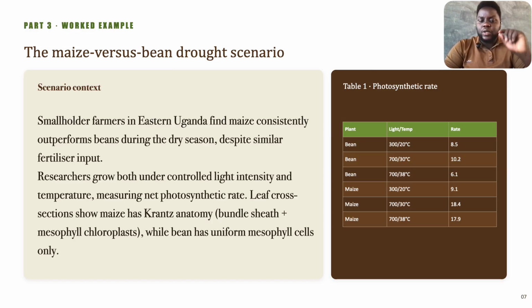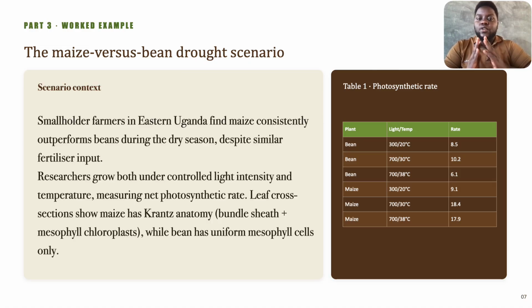If you remember in topic 2, the Kranz anatomy is the defining structure of C4 plants. It is the arrangement where bundle sheath cells, which are large cells wrapped around the vascular tissue, sit alongside the regular mesophyll cells. Both contain chloroplasts, but they have different jobs.